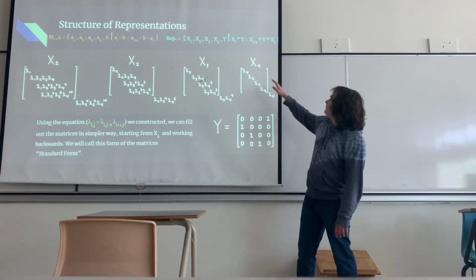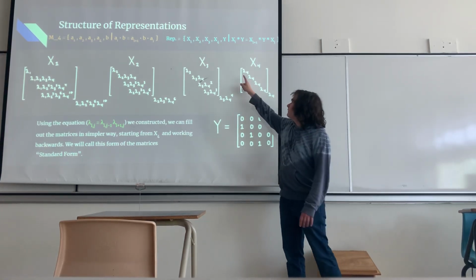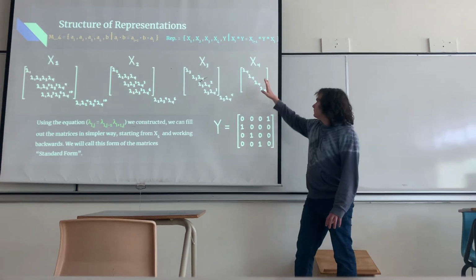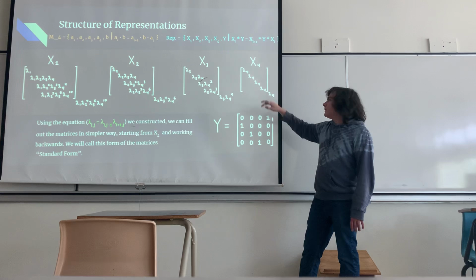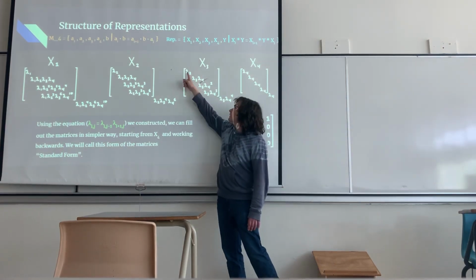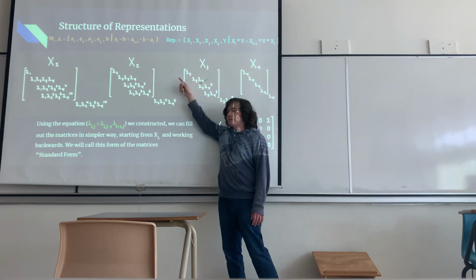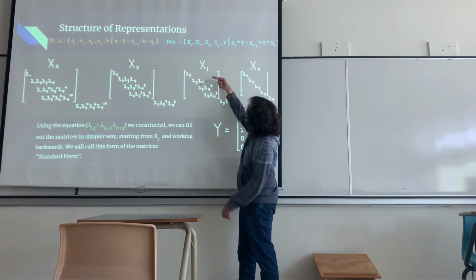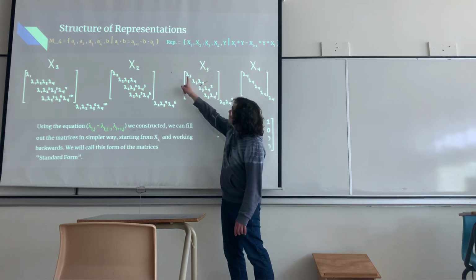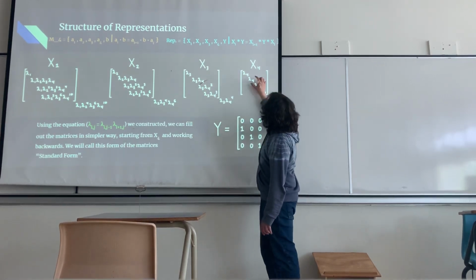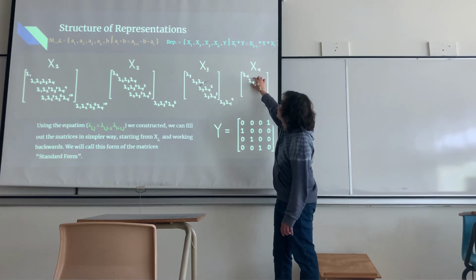So if we start from the end, we start with x4, all of these are just going to be the same as the first entry, so that's fine, we start right off with that. And then to go backwards, the first one's still just going to be equal to the lambda 3, the first one. And then we use this equation to build the rest. So this entry is equal to the previous entry in the same matrix multiplied by the corresponding entry in the next matrix.